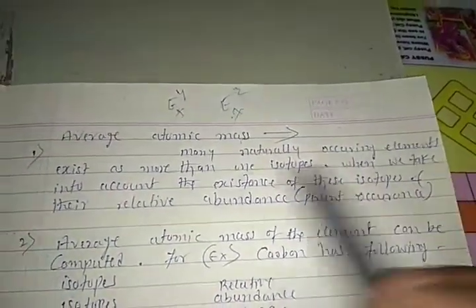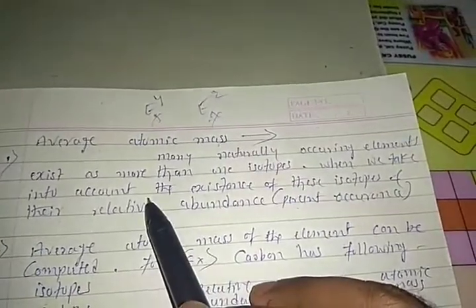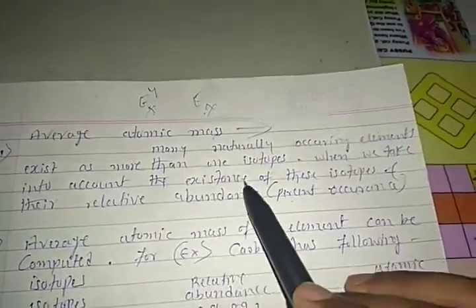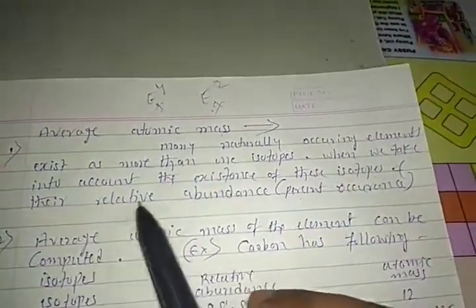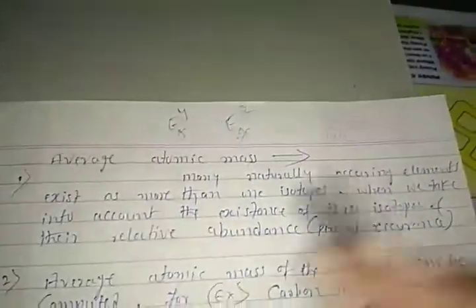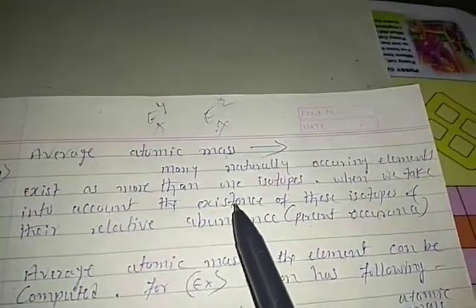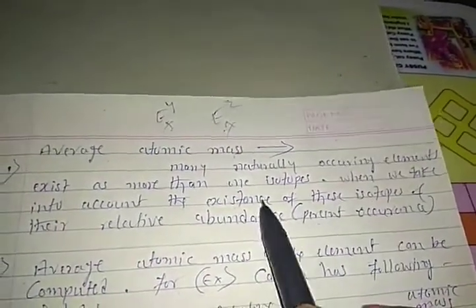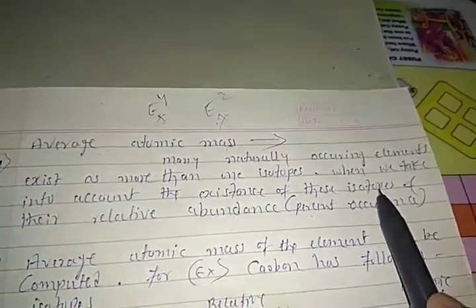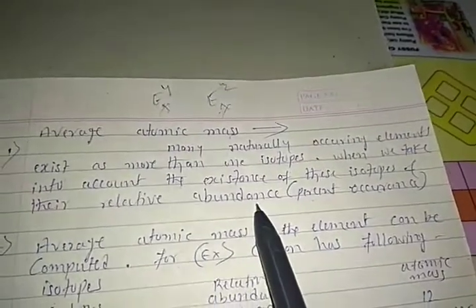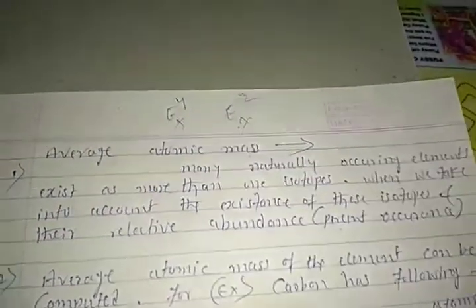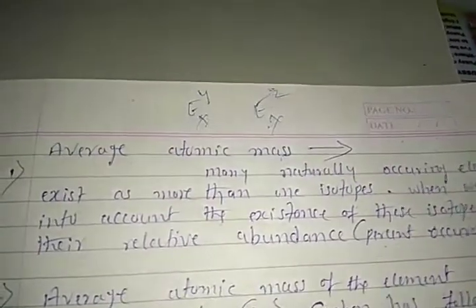When we calculate the average, we use the existence of isotopes, their relative abundance. It means the percentage of availability of isotopes and their atomic mass. Look at it, students. Once again, what are the elements available in the atmosphere?